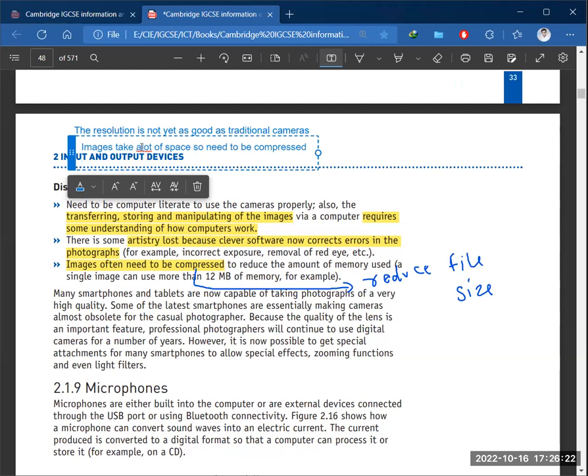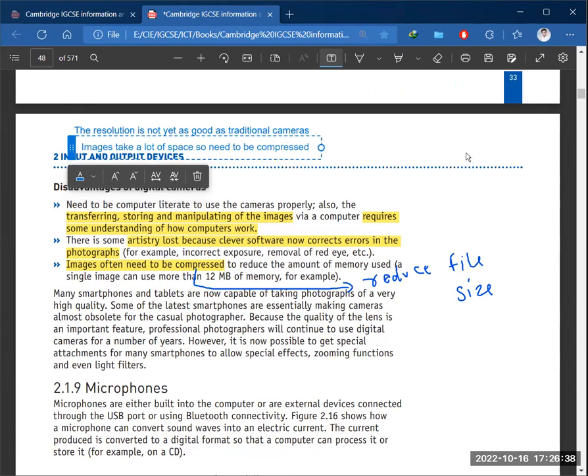So it needs to be a compressed image to save space or to prevent the memory card getting full. Let's not write that part. Let's keep it in here.